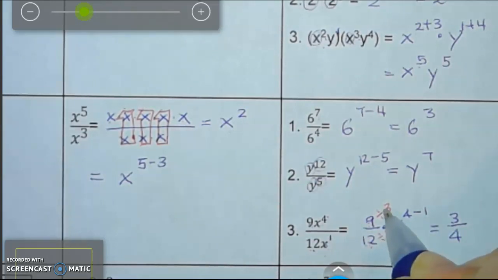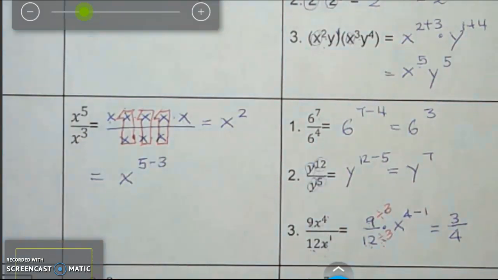Whatever you do to the top, you have to do to the bottom. As long as you do both to top and bottom, then it's like multiplying by 1 or dividing by 1, which is still the same number. And you are multiplying that by x to the power of 4 minus 1, which is x to the power of 3. And that's my final answer.